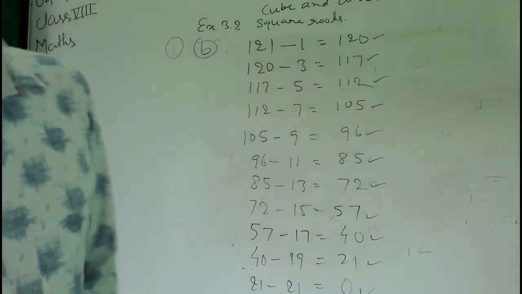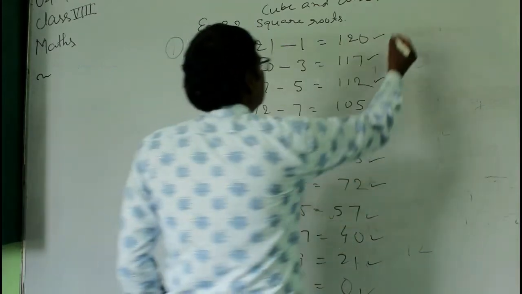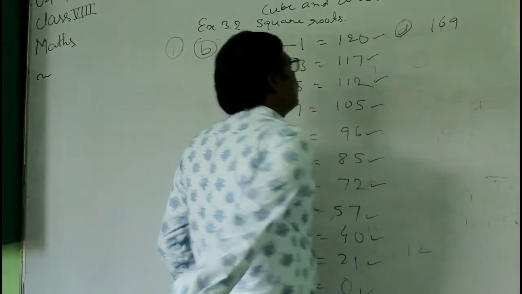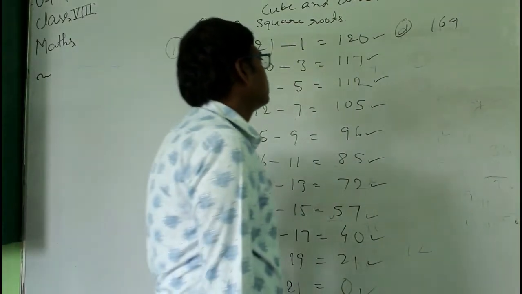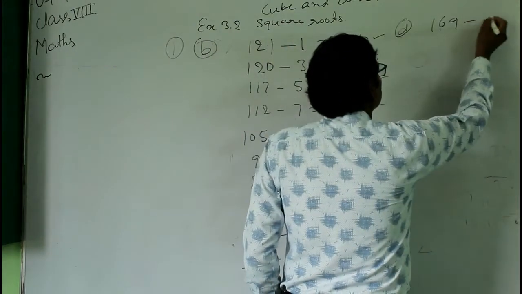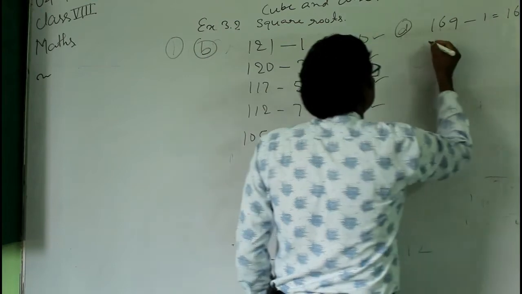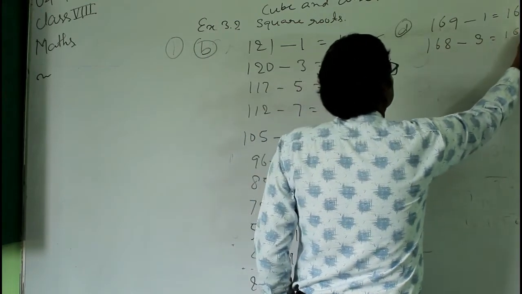Similarly, question number D, 169. We have to find the square root of this by using successive subtraction of the odd numbers. Start with 1, so it will be 168. 168 minus 3 equals 165.